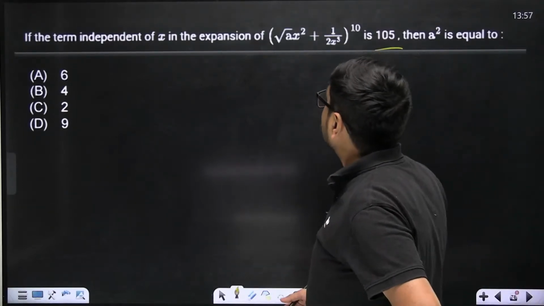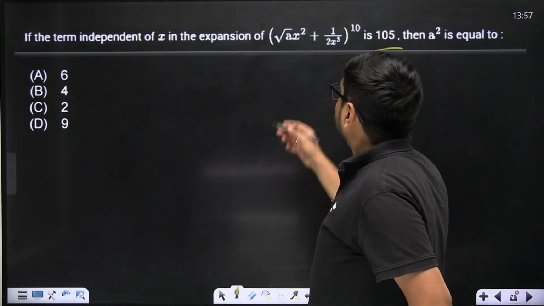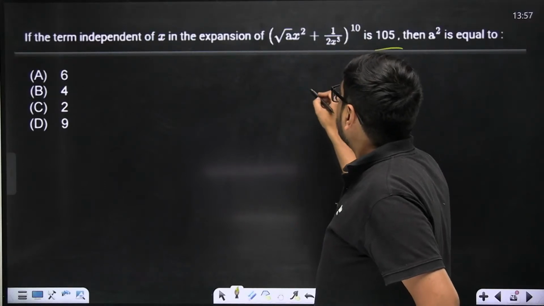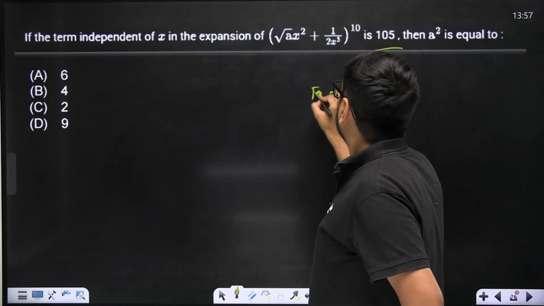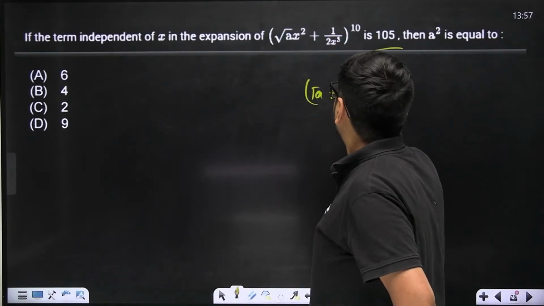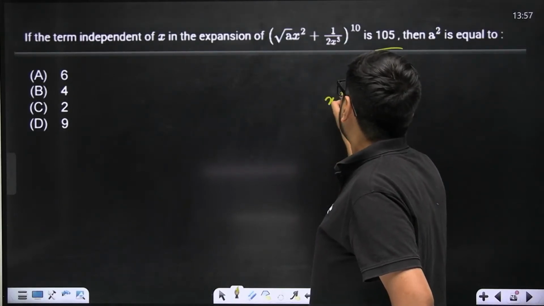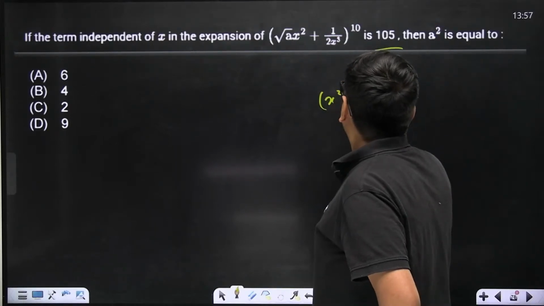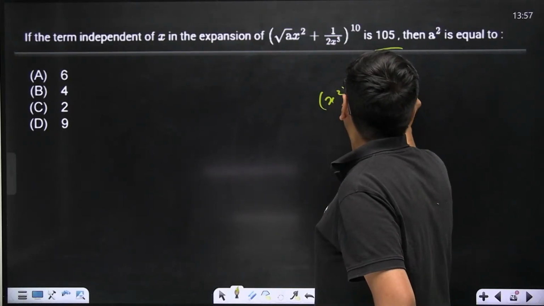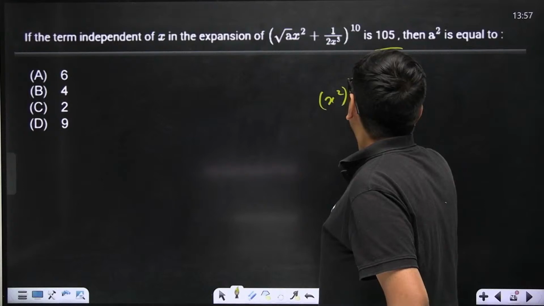Over here you can simply check the coefficient. 10c r root a, x square to the power of 10 minus r will come. From here we'll have x to the power minus 3r.